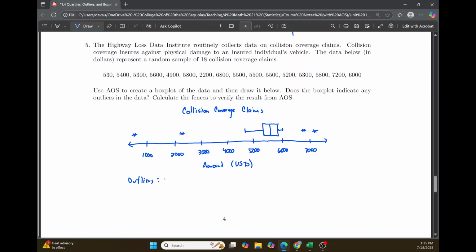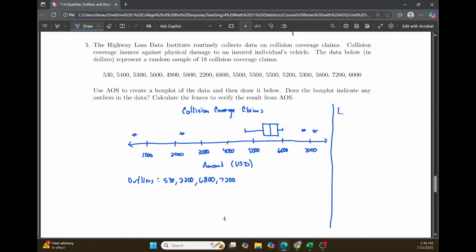So our outliers are 530, 2200, 6800, and 7200. But now to verify that, we would want to compute the fences, right? So if you have room, you can kind of squeeze in those calculations.